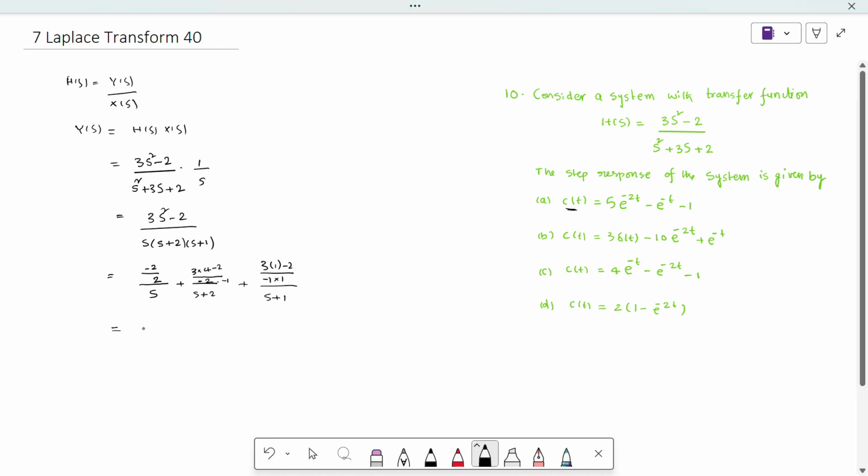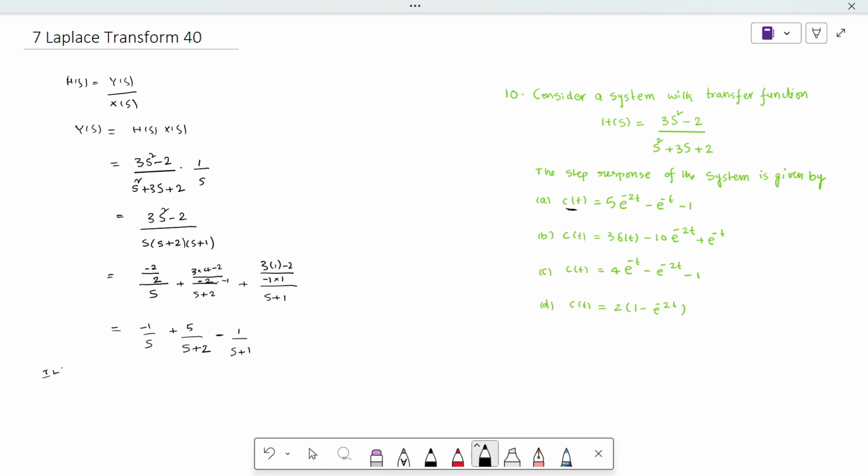So we get −1 by s, and 12 minus 2 is 10, minus into minus is plus, so 5 by s + 2, and 3 minus 2 is 1, so −1 by s + 1.